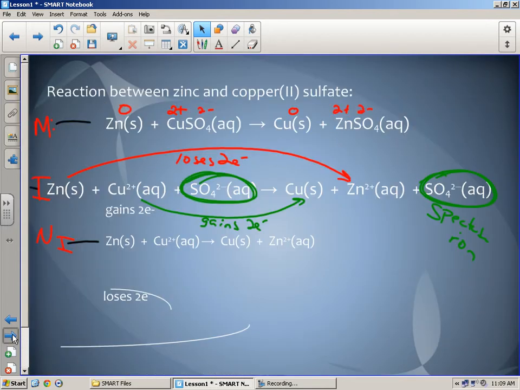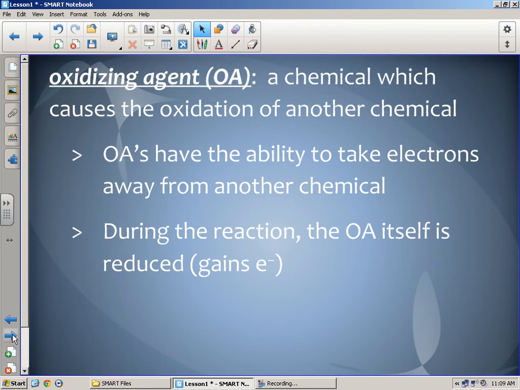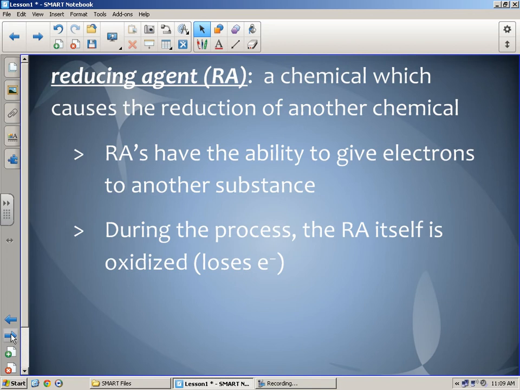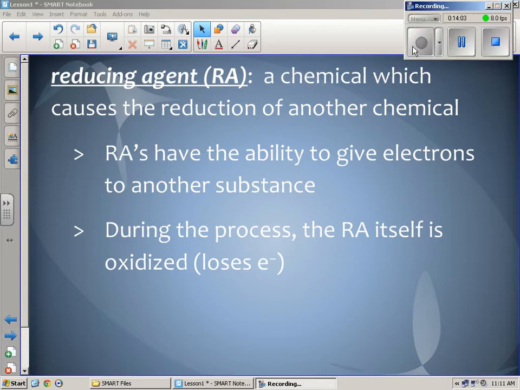If we have an oxidizing agent, it is the one that's actually being reduced. We also have, of course, the reducing agent, also equally important. So you guys can copy that one down. The reducing agent is a chemical which causes the reduction of another chemical.